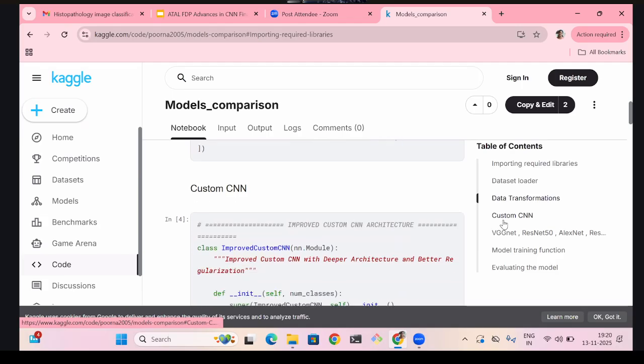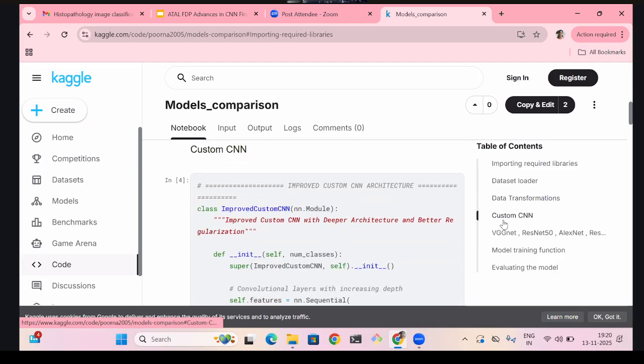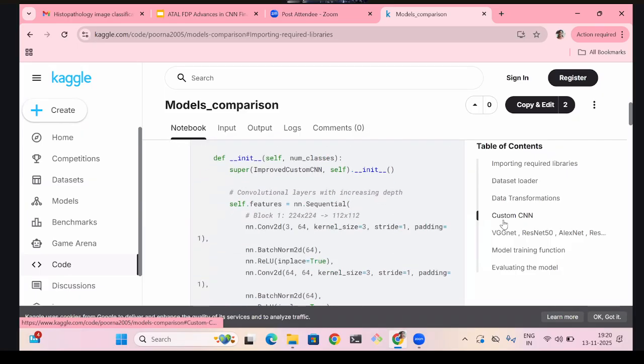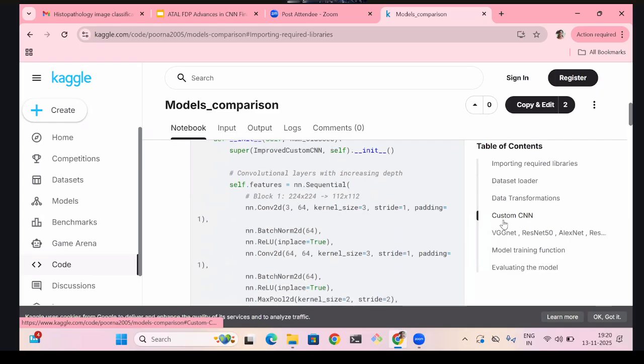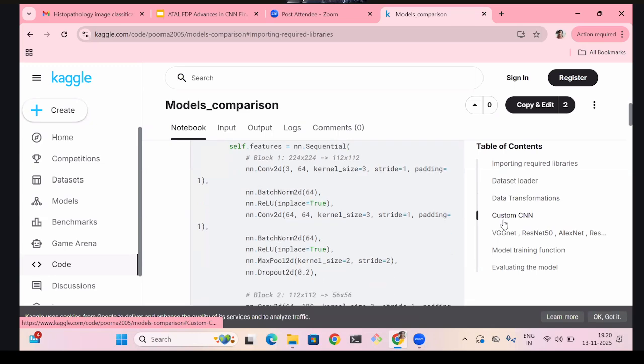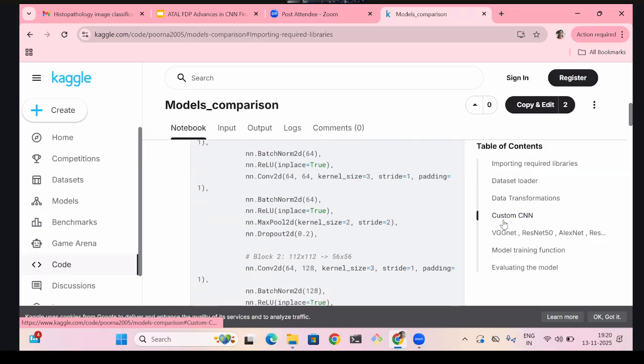Okay, so first, the custom CNN model. We have defined a CNN model where we have used convolution layers, then ReLU activation function. Okay, so we have fixed the kernel size as 3 and stride size as 1, no padding.